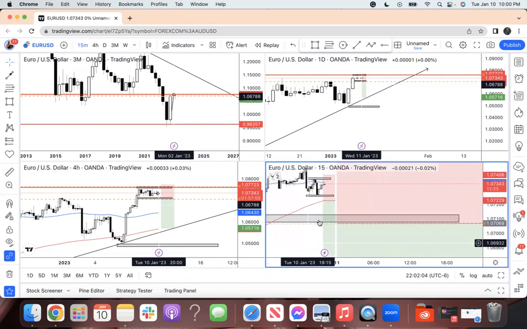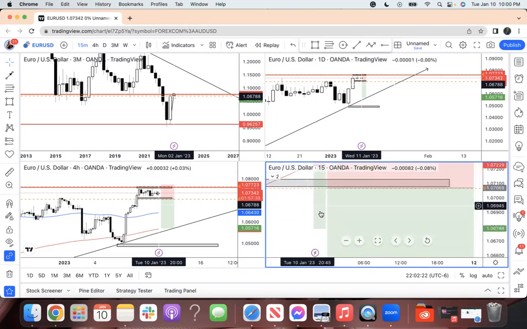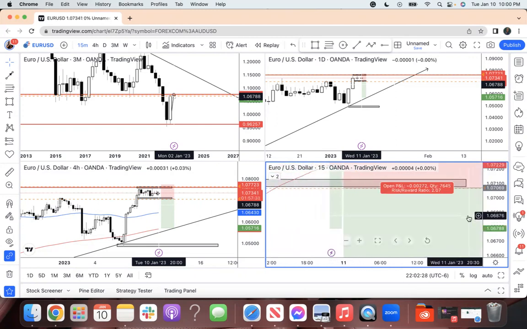And so if I entered here at the moving average, which is a 200 moving average, once price has broken and retested this zone, then I'm risking 18 pips with the goal of earning 43 pips, which is a really good risk to reward ratio.